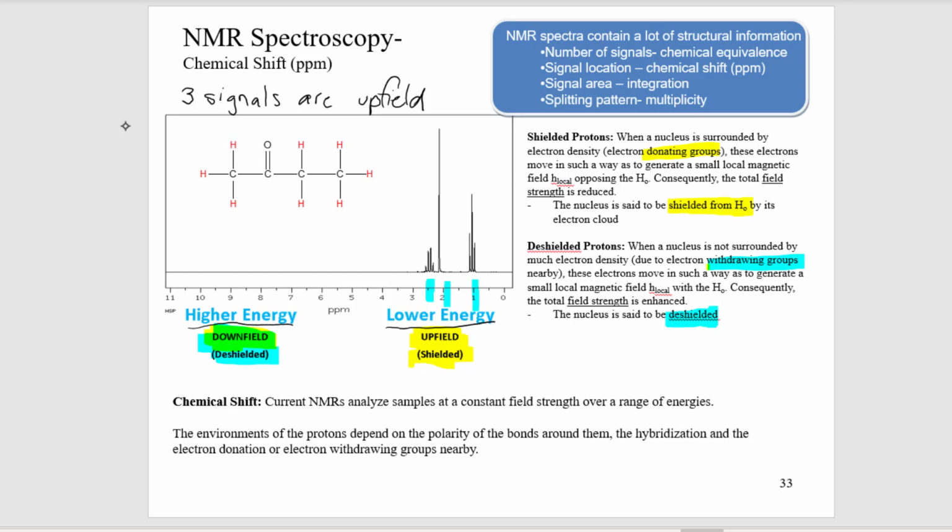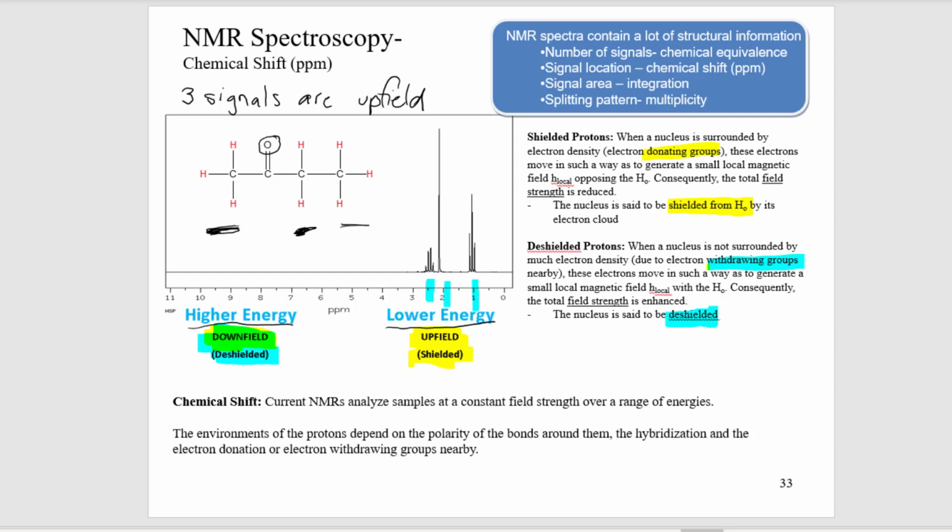It means that the closer you are to this oxygen, the most electron withdrawing group of the whole thing, the most electronegative atom, the more it withdraws electron density from the things that are closest to it. So you could argue that the hydrogens on the left and the hydrogens on the CH2 are the closest to that oxygen. Therefore, they are most de-shielded and should be the most downfield.